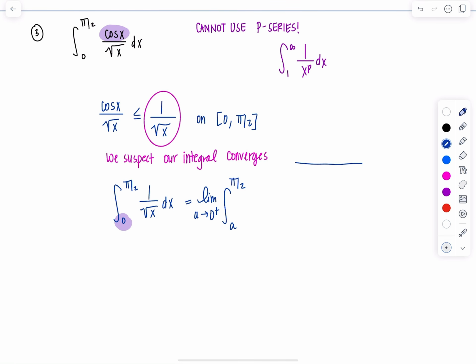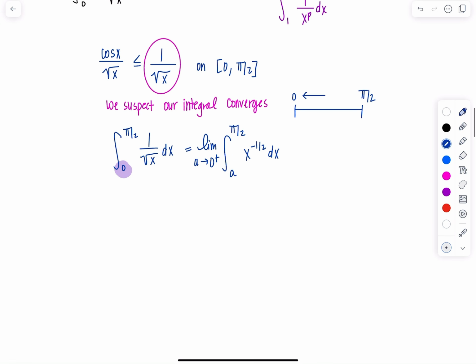Just go like this. The original interval went from 0 to pi over 2, yes? The only way to approach that lower limit of 0 is from the right side, okay? And then 1 over rad x, I'm getting ready to integrate. I'm going to write that as x to the negative 1/2. Are you with me? Oh, good. Okay, so we have, keep writing, limit a goes to 0 from the right.